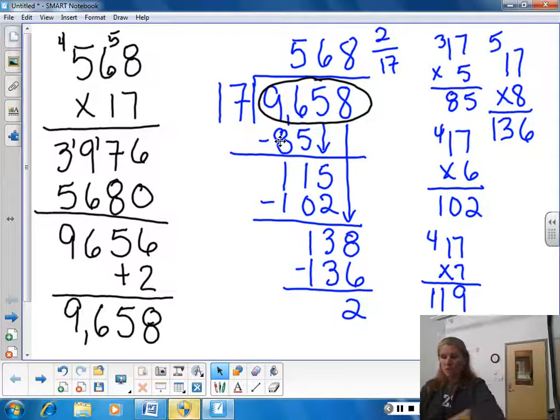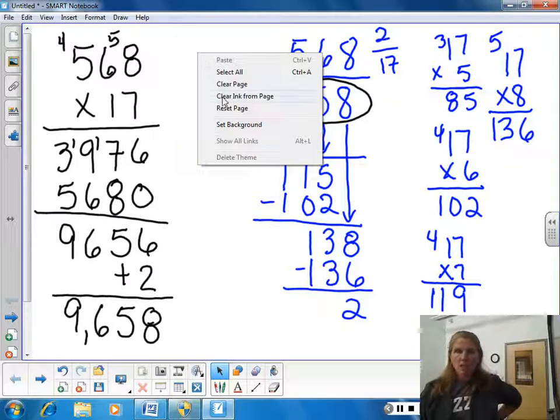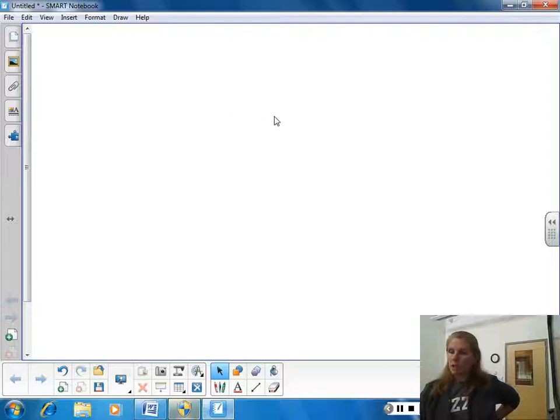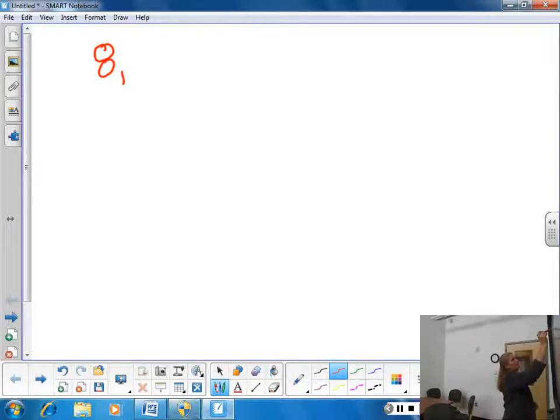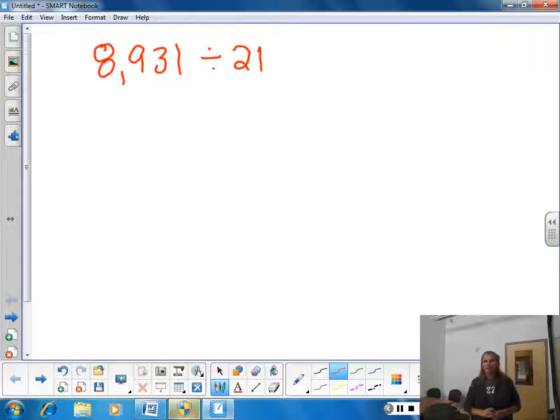harder to work with. So I'm going to show you something that some people think is an easier way to go and some don't. Okay, let's clear this and do another one. Sometimes your problems are written in a different format. For instance, you might have the problem ask you to divide 8,931 divided by 21.